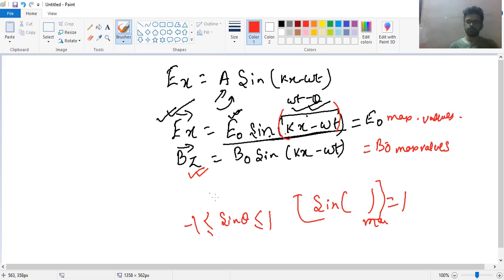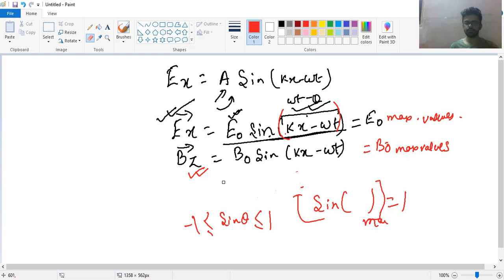Now one more thing I want to share with you: whenever you see an expression like kx minus omega t, and some expression like omega t plus kx, like here I have written kx minus omega t.